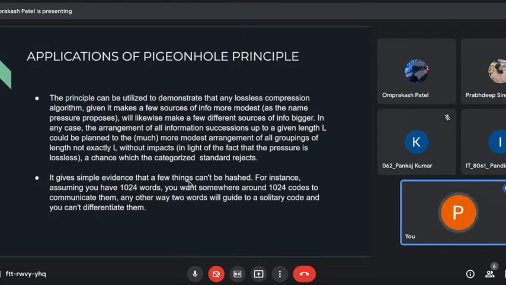The third one is that it gives simple evidence that some things can't be hashed. For instance, if you have 1024 words, you need at least 1024 codes to communicate them. Otherwise, two words will map to a single code and you can't differentiate between them.